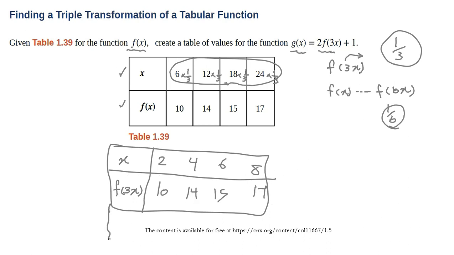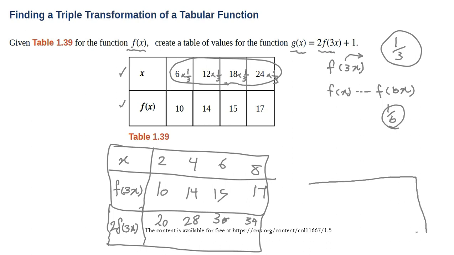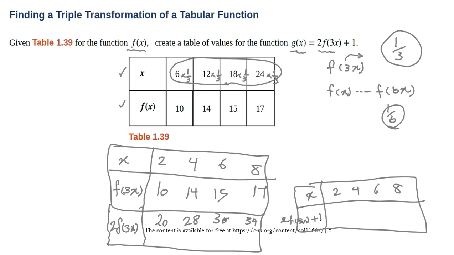So x is the same, 2 times f of 3x: 2 times 10 is 20, 28, 30, 34. Plus 1, another table: x is 2, 4, 6, 8, and 2f of 3x plus 1 is 21, 29, 31, 35.